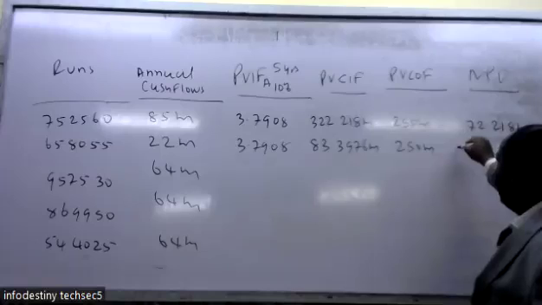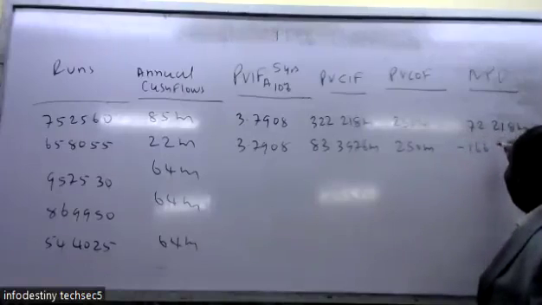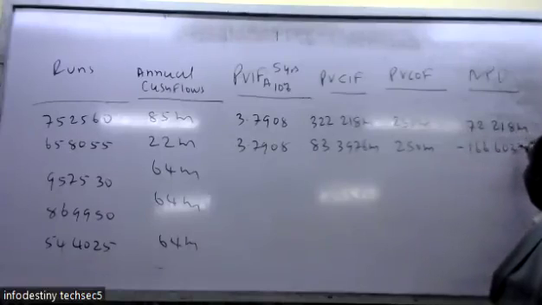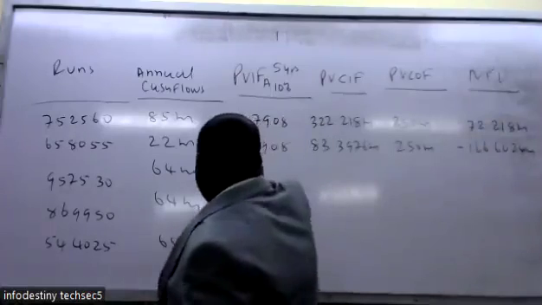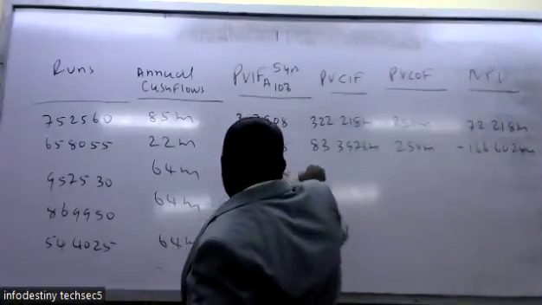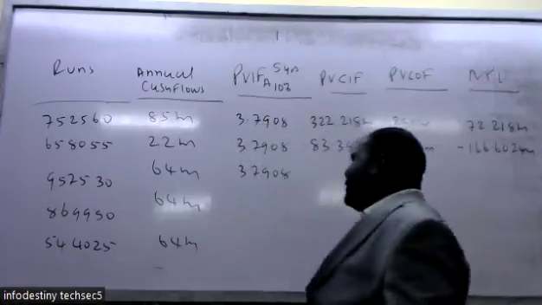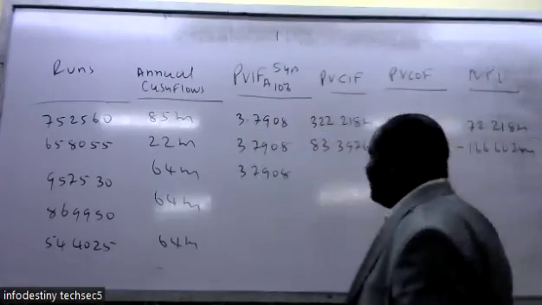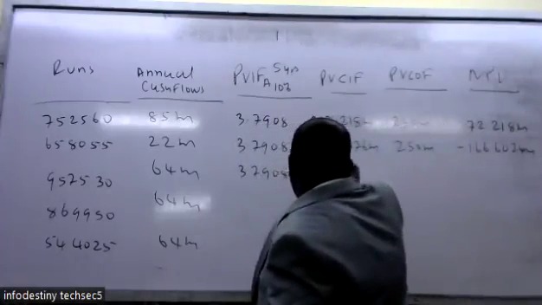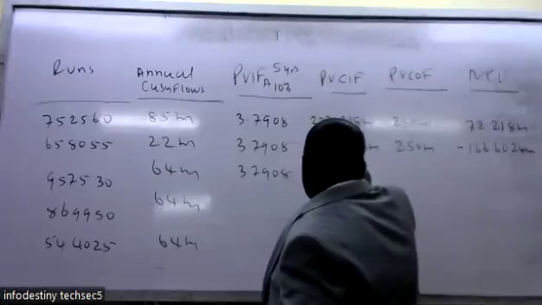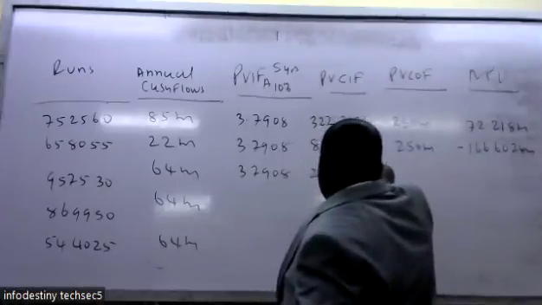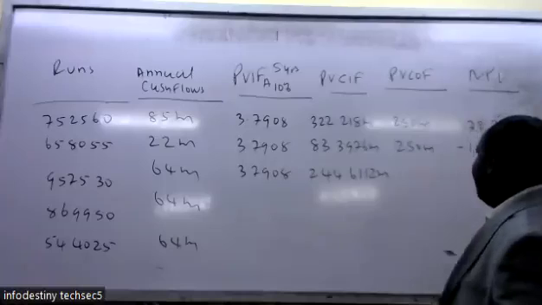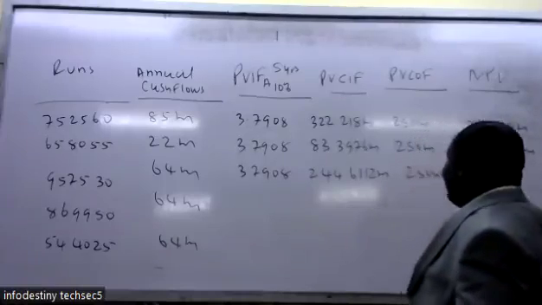Negative 166.6034. Like that. Then this one is also remaining the same, because if I multiply 64 million by 3.7908, I get 242.6112. Then the other is 250 million, so it will be negative what?